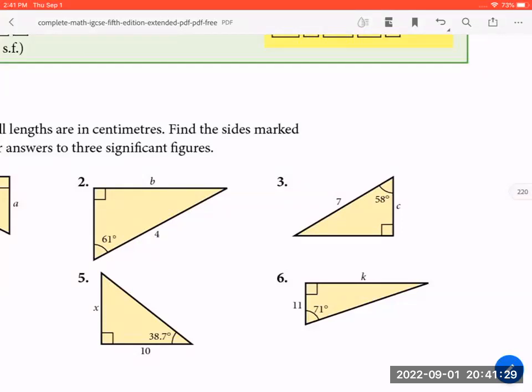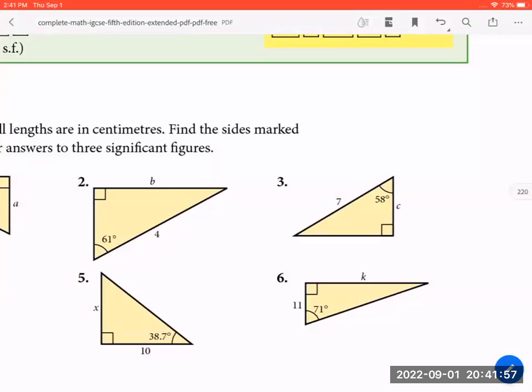So opposite over 10 equals sine 38.7. Cross multiplying, the opposite will equal 10 sine 38.7. Use the calculator. The answer is 6.25.